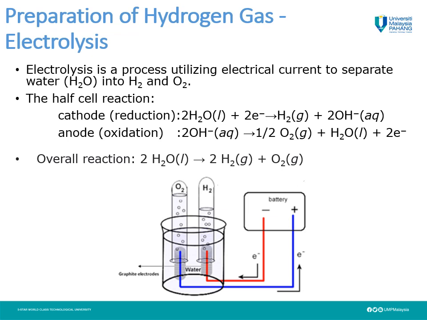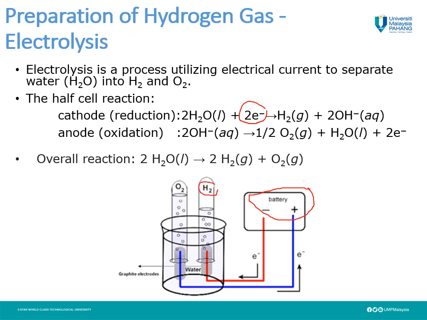Typically, there is a battery or power supply connected to graphite carbon electrodes, with a cathode and an anode terminal. At the cathode, reduction occurs, meaning there is a gain of electrons. Here, water gaining electrons produces hydrogen and 2 hydroxyl ions.